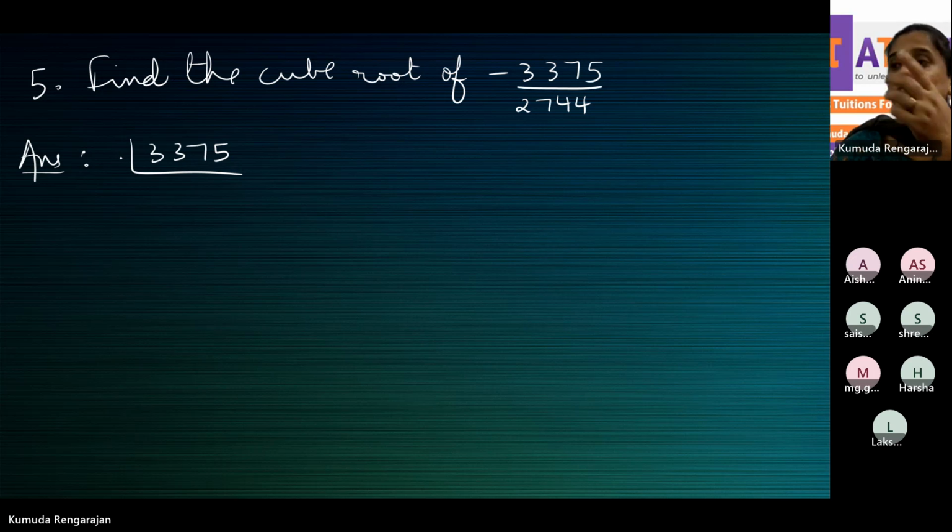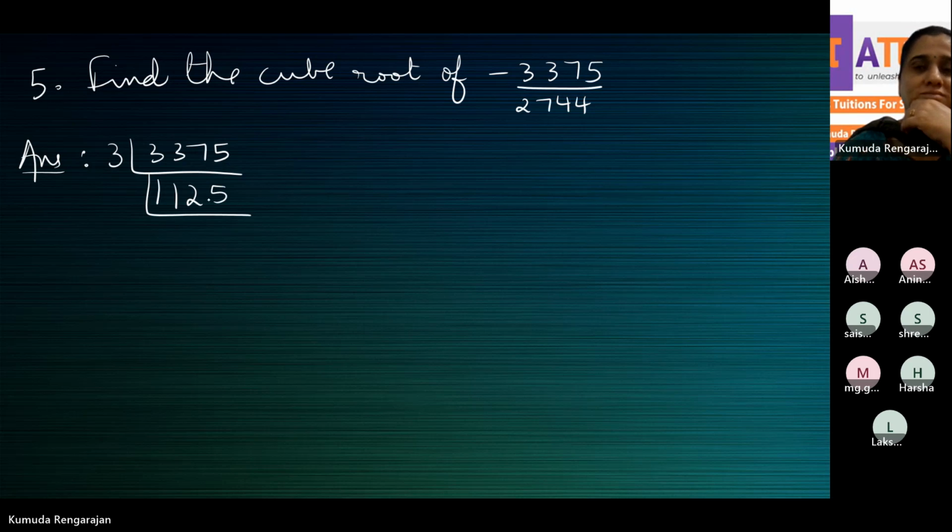Nobody started at all. Prime factorization of 3375. Three cubed into 5 cubed. Very good.